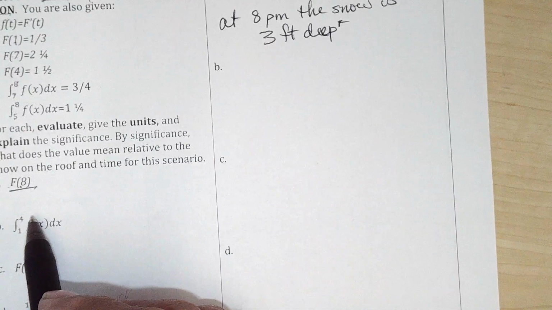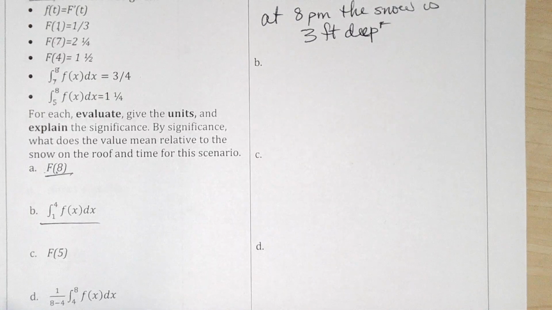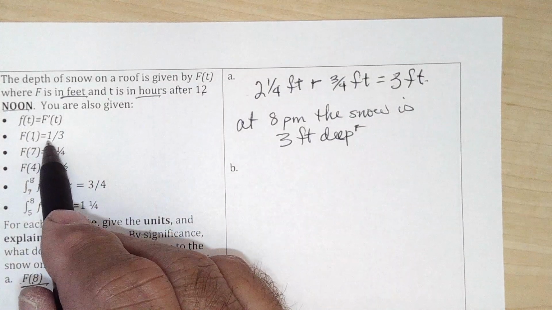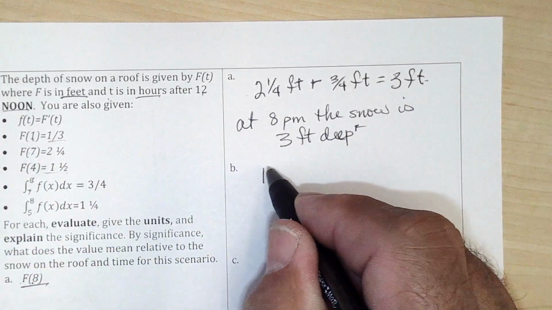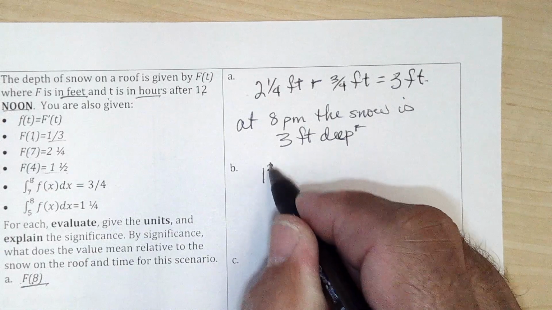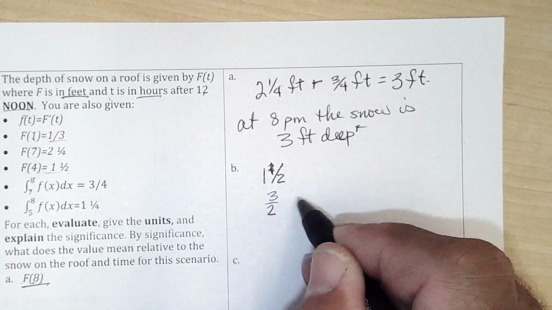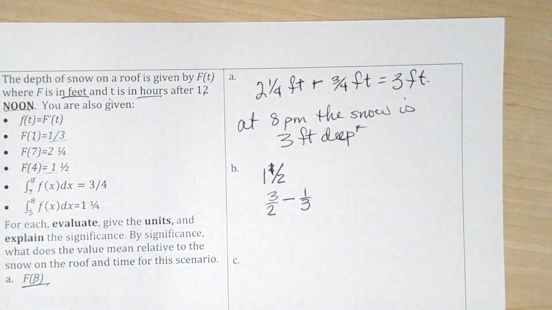B, they want to know how much it increased from 1 in the afternoon to 4 in the afternoon. Well, at 1, it was 1/3, and at 4, it was 1 1/2. So we have to take how much it was at the end, 1 1/2, which is 3 halves, and subtract how much it was at the beginning, 1/3 of a foot.